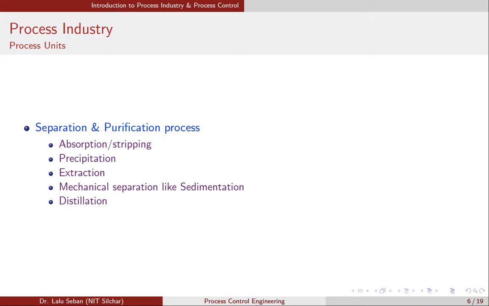Now let us see some of the main process units in any plant. The first is related to separation and purification processes, and some examples are absorption and stripping, precipitation, extraction, and mechanical separation like sedimentation, and distillation. A mixture can be separated based on volatility in a distillation column.